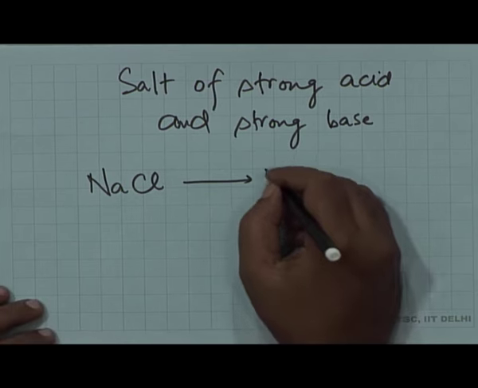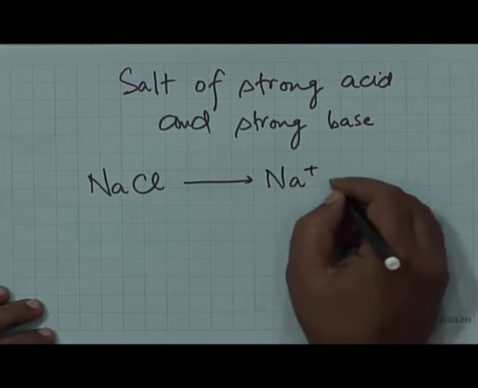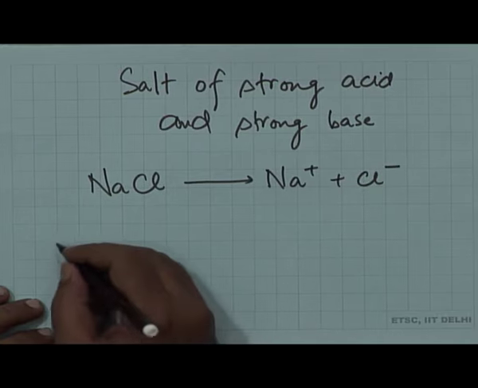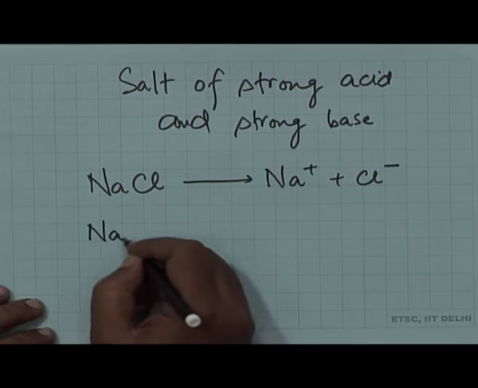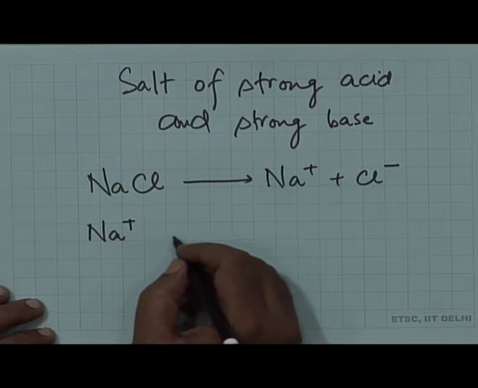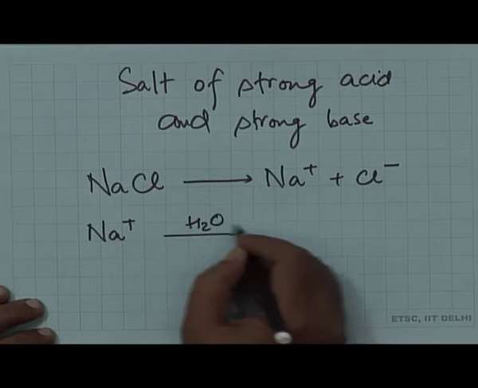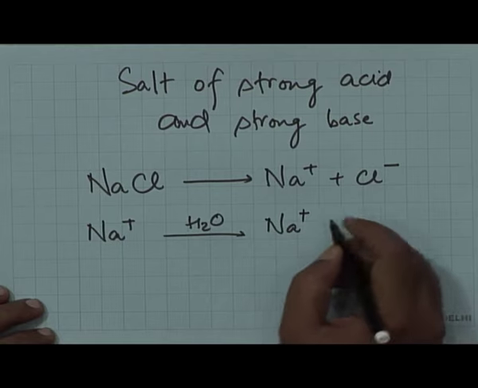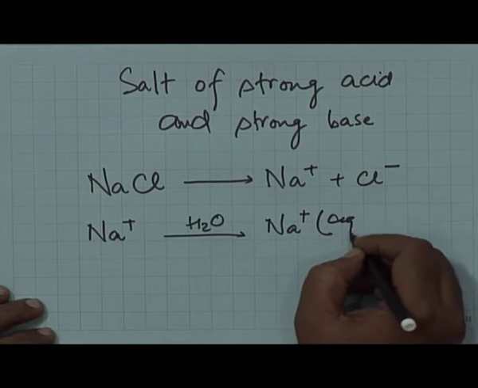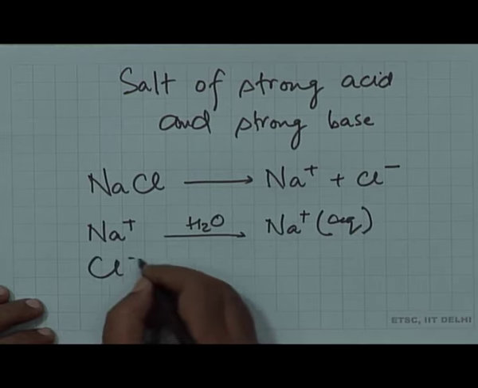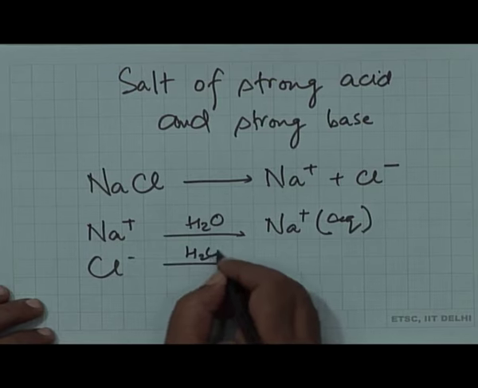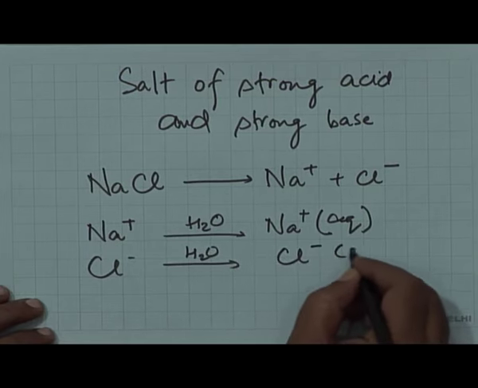So, we can simply write Na plus Cl minus. And now, how does Na plus behave in the presence of water? It simply gets hydrated, Na plus aqueous, and Cl minus, again with H2O, Cl minus aqueous.